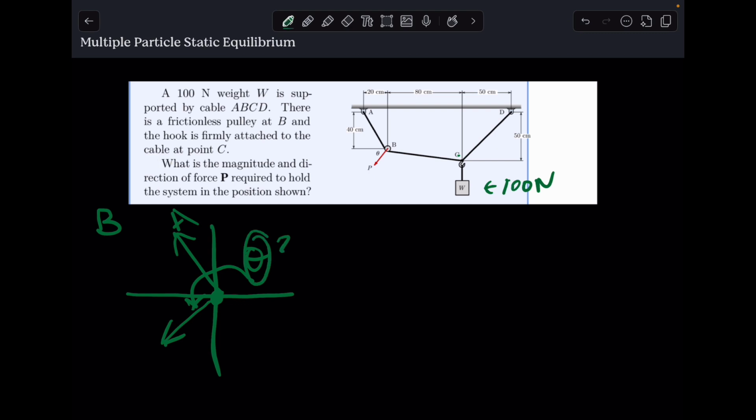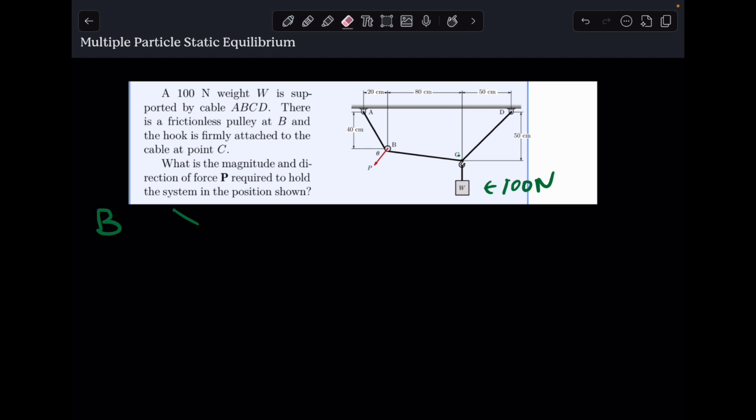We don't know what that is, so for now we just put an arbitrary magnitude and direction for P. This is looking too messy, so let's make it look neater. Force A here, and an arbitrary force P.